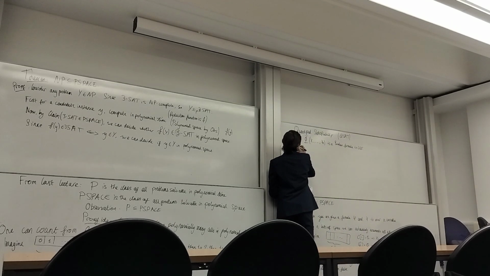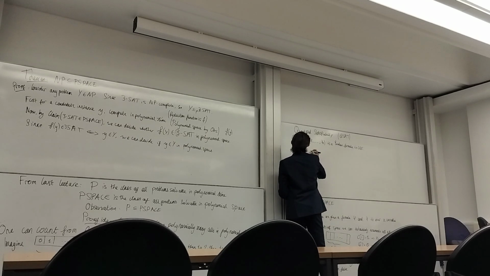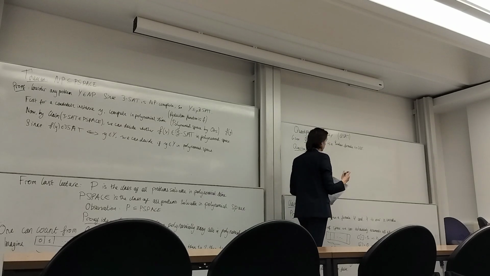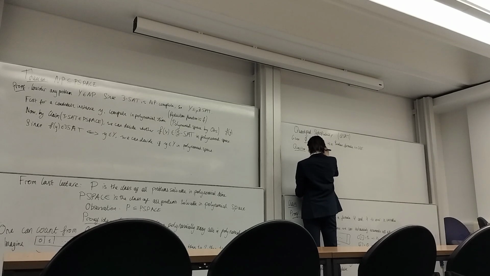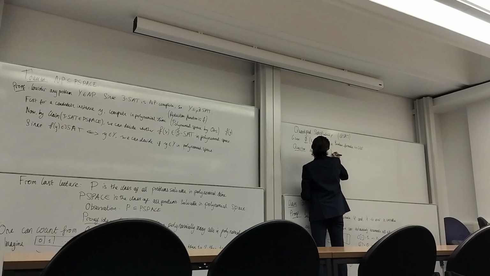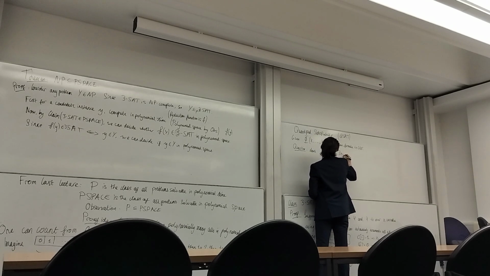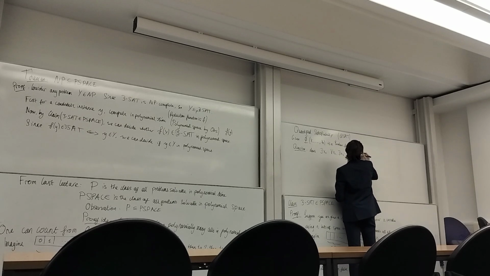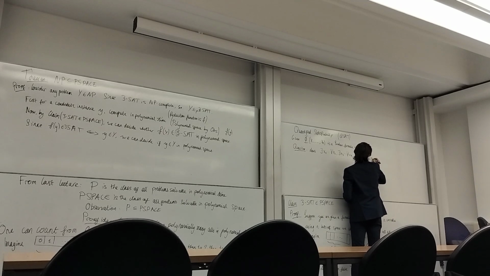The question: does the quantified version of this formula hold? That is, whether there exists a value for x1 such that for all values for x2, there exists a value for x3 such that for all values of x4, etc., until you get to, for all values of xn minus 1, there exists a value of xn.